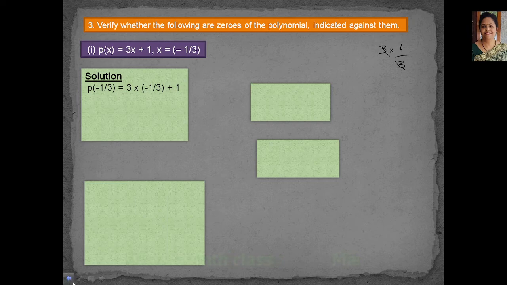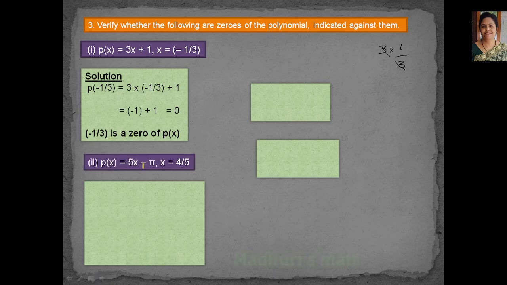So, 3 into negative 1 by 3 means negative 1 you will get. Negative 1 plus 1, 0. So, here you can say that negative 1 by 3 is a 0 of the given polynomial. Negative 1 by 3 is a 0 of P(x).